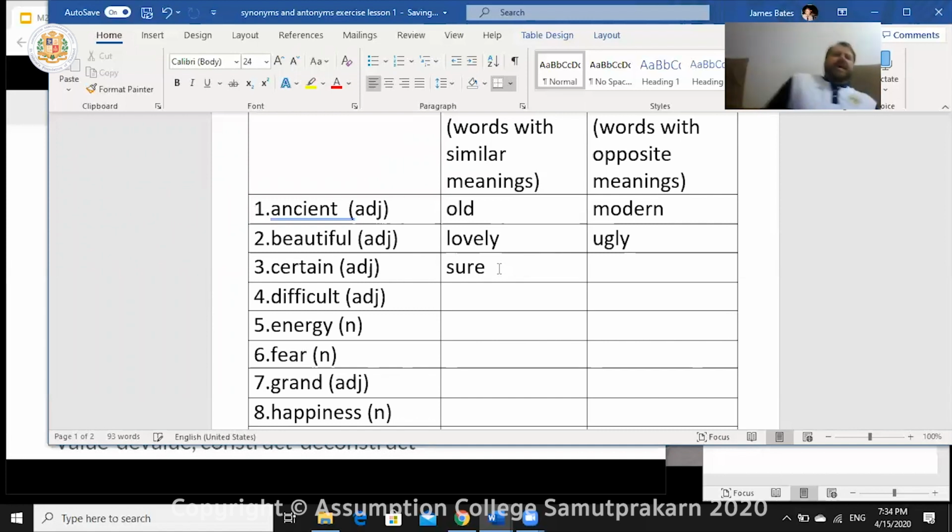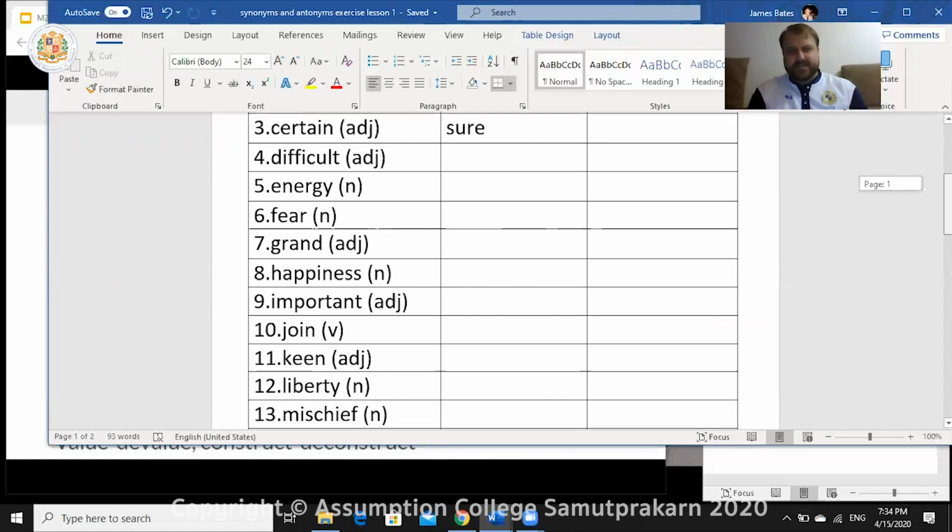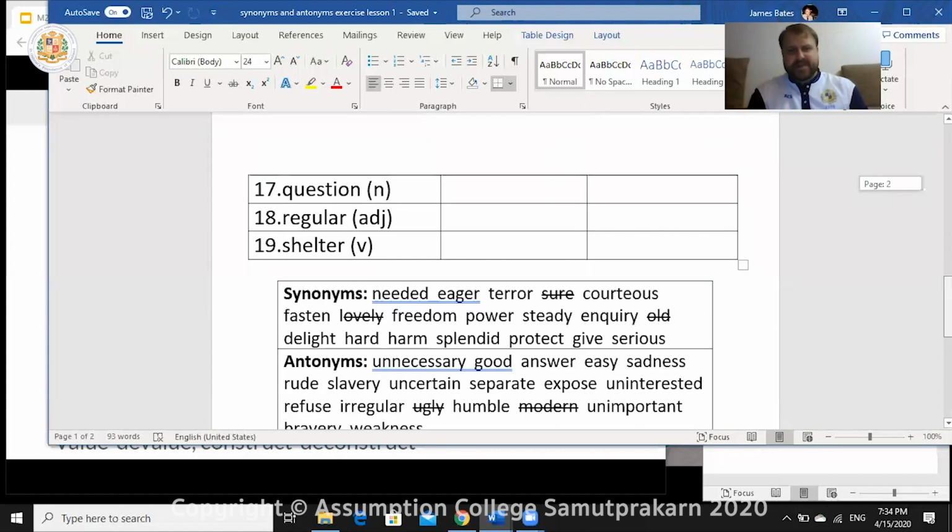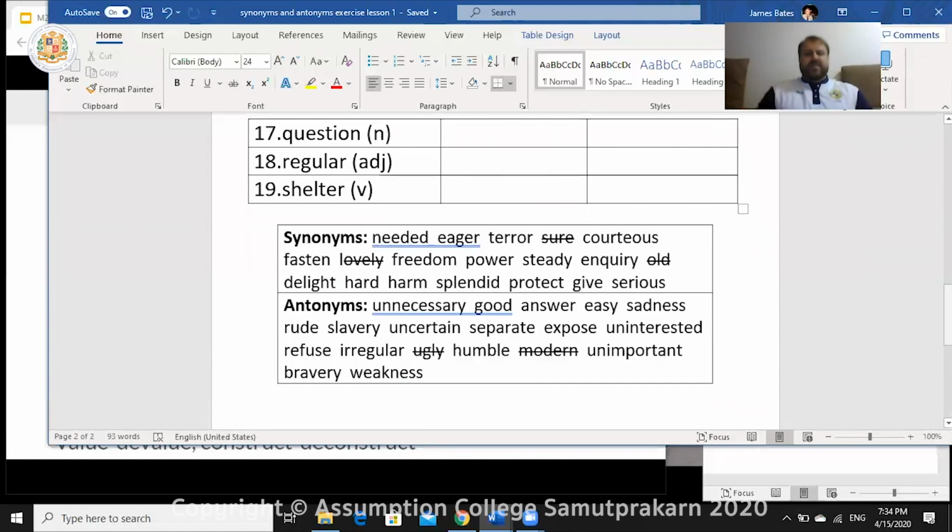And how about an antonym of sure and certain? What do we just talk about? How to change words into their antonyms. We can use prefixes. So look, is there an antonym there using a prefix?